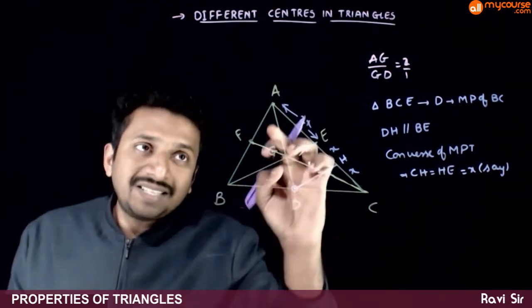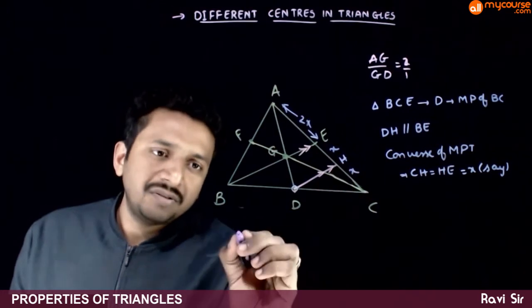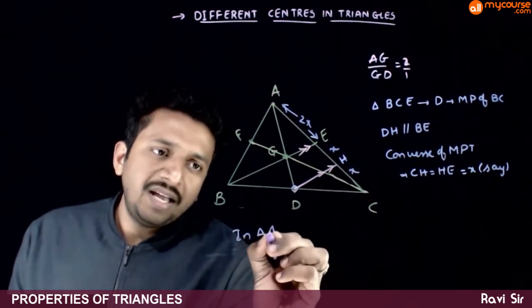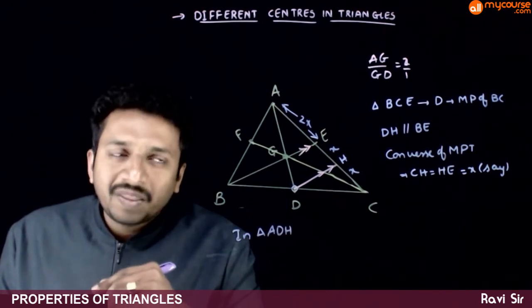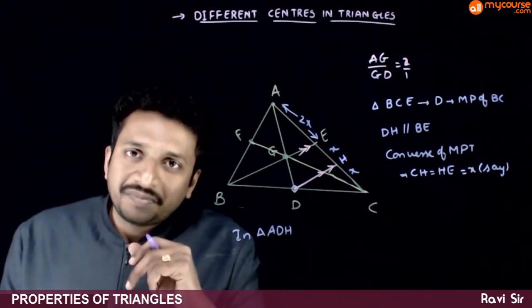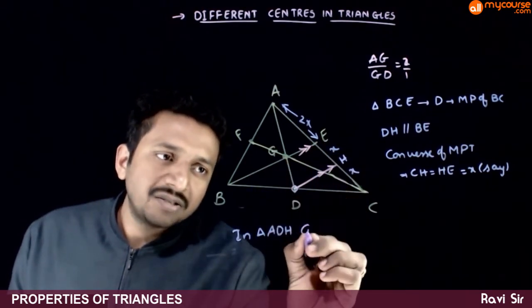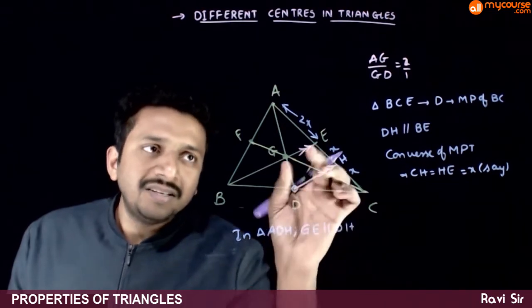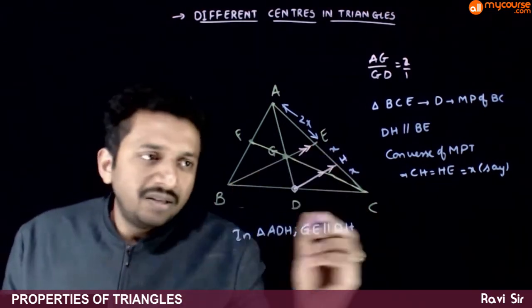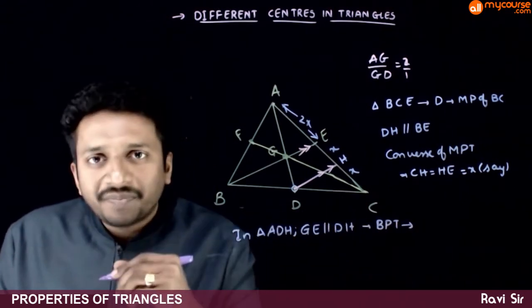Now let us take triangle ADH. In triangle ADH, what can you see? GE is parallel to DH, right? Because these two are parallel, from the basic proportionality theorem, what can you say?